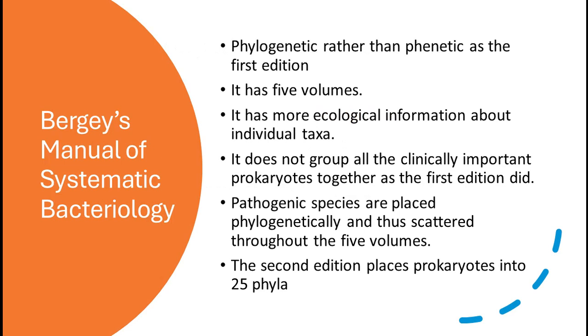So the new Bergey's has 5 volumes versus those 4. It's going to be looking more at the ecology versus phenotype. It's also going to be looking at what the group does clinically, rather than pathogenic species being pulled out and separated. So that is now where we are moving to.